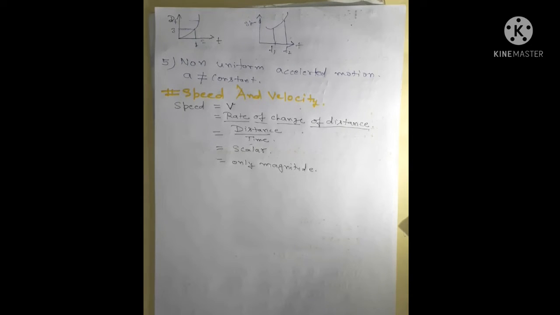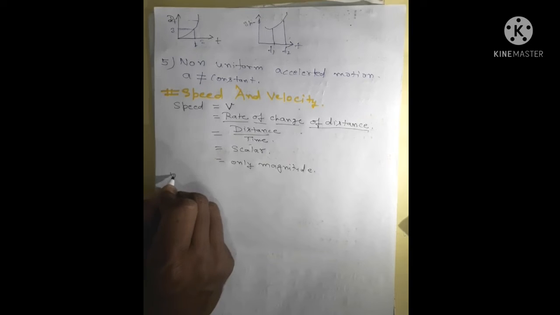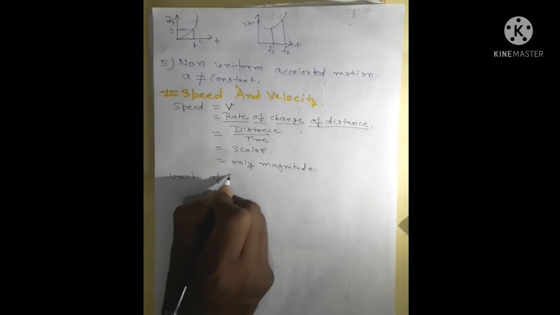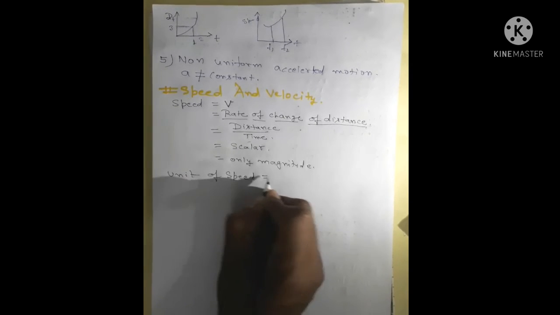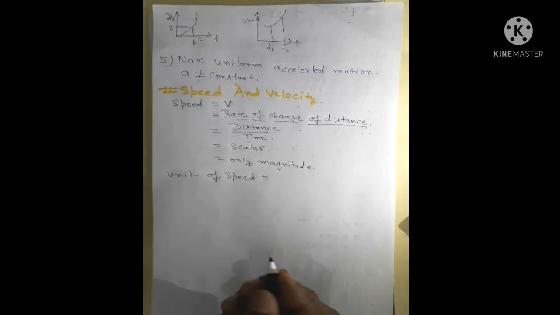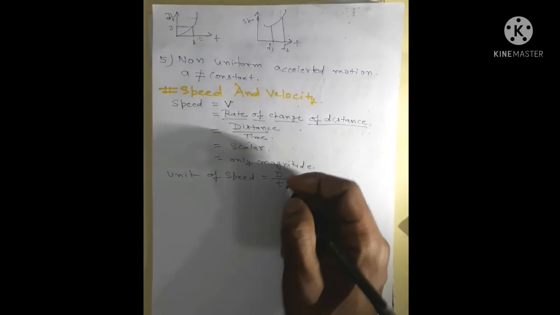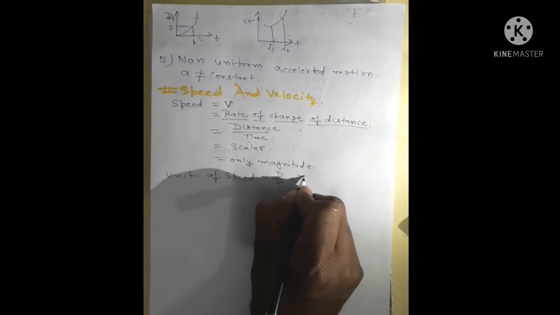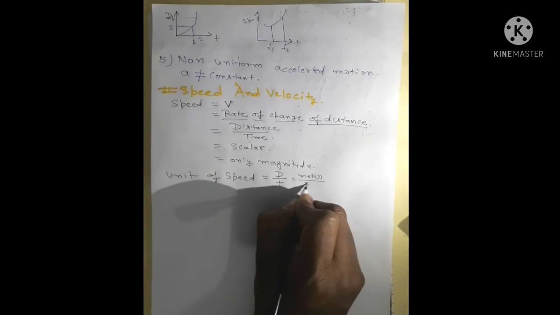Unit of speed. We know that speed is equal to distance by time. Here the distance unit is meter and the time unit is second.